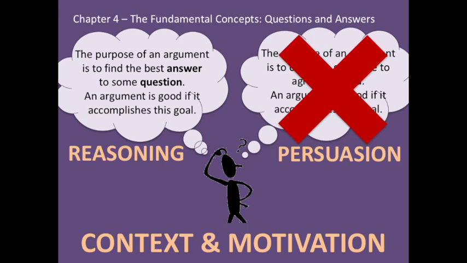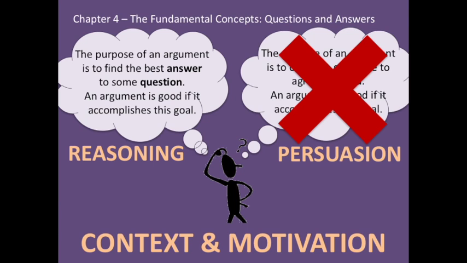So reasoning and persuasion are different. Talk of arguments comes up in both of these, but we are going to be focusing on arguments in their connection with reasoning, where the purpose of an argument is to find the best answer to some question. And identifying the question that fits with a particular argument is the first step in getting really clear on understanding the argument.